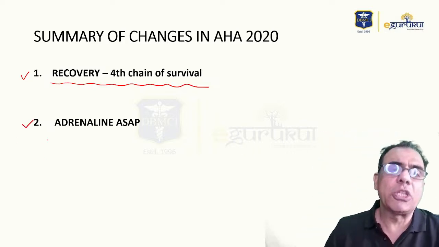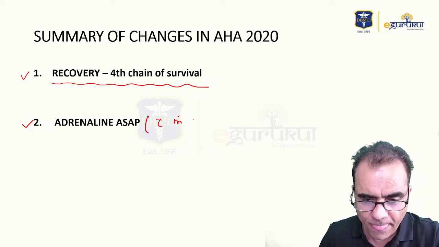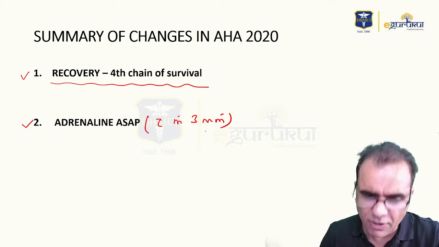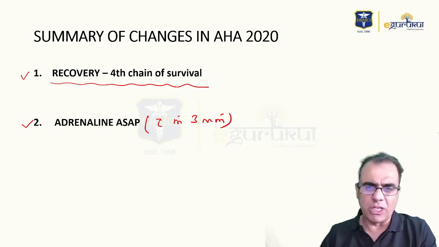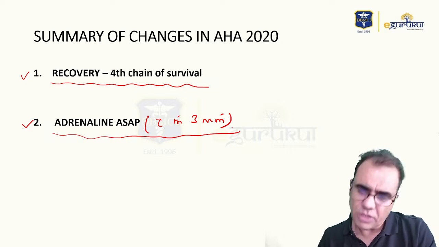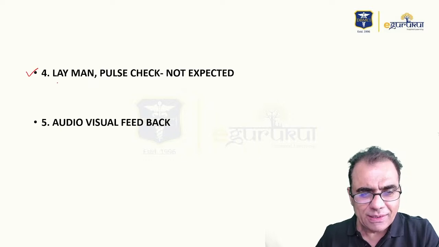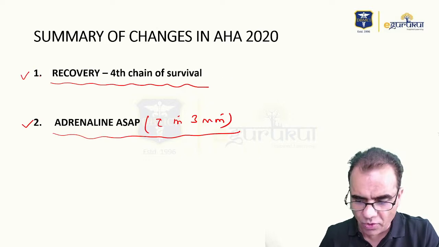Adrenaline as soon as possible means within 3 minutes. Otherwise also it used to say adrenaline as soon as possible, but now they say preferably it should be within 3 minutes. For a layman, it should be 3, not 4.